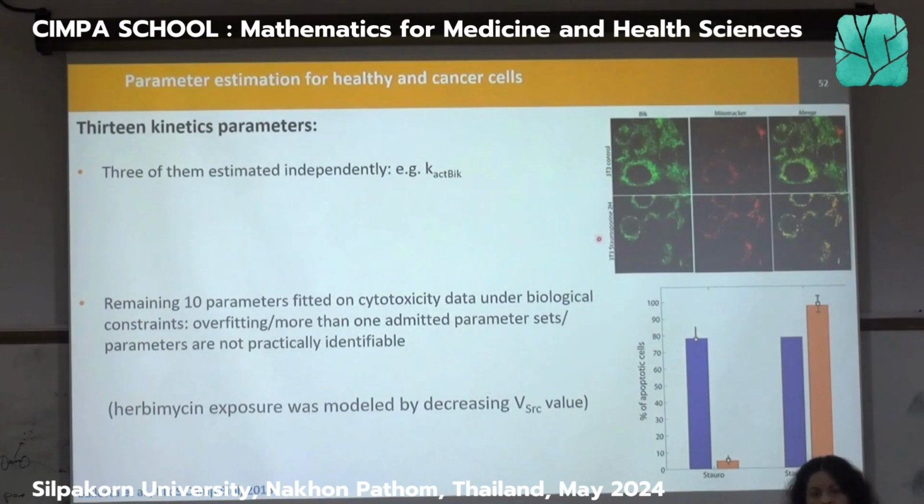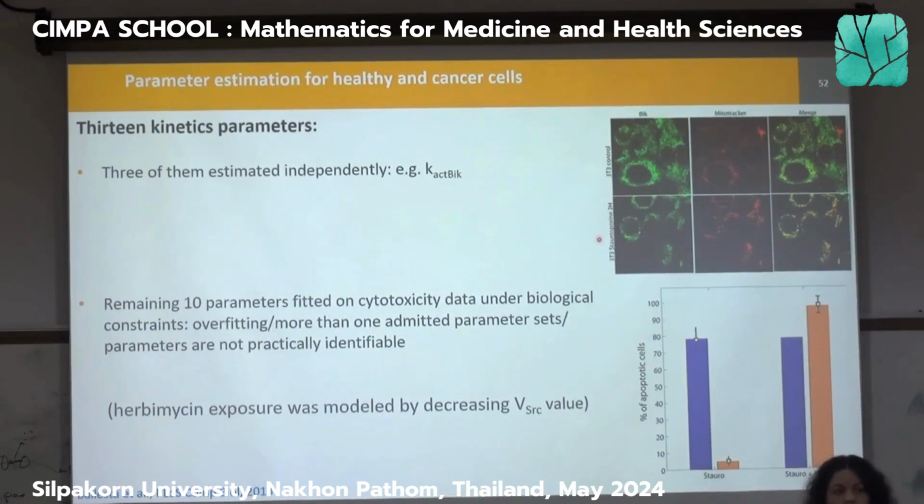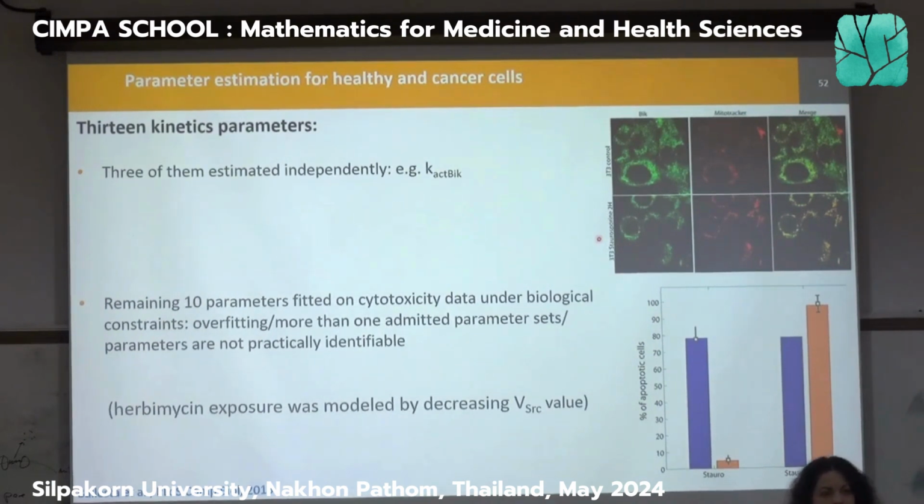So the data that is available do not allow to identify your parameters. But this being said, it is not because your model contains parameters which are not identifiable that the model is completely useless. And this is one example why you don't need to have an exact estimation of all your parameters to actually answer your question.